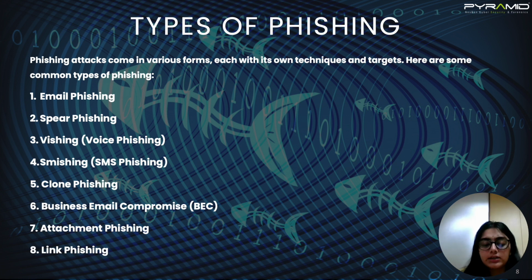Next, smishing. Now, smishing is SMS phishing. In this, messages via SMS or text messages are sent, and these messages often contain links to fraudulent websites or ask recipients to reply with sensitive information.